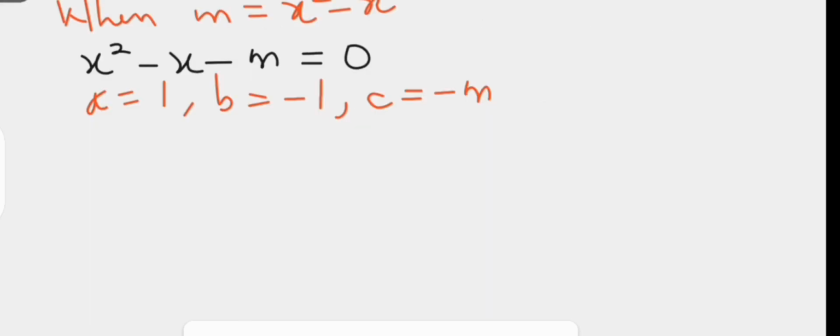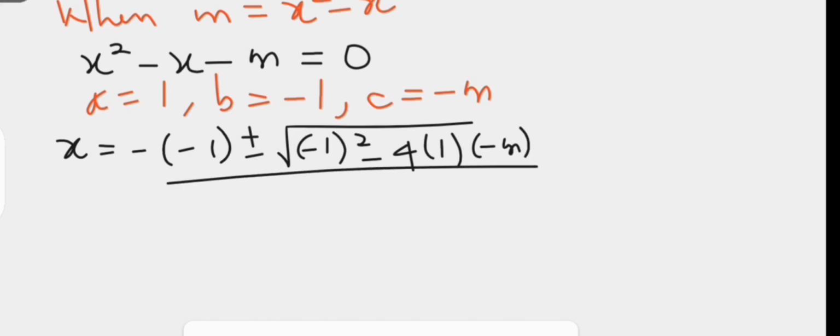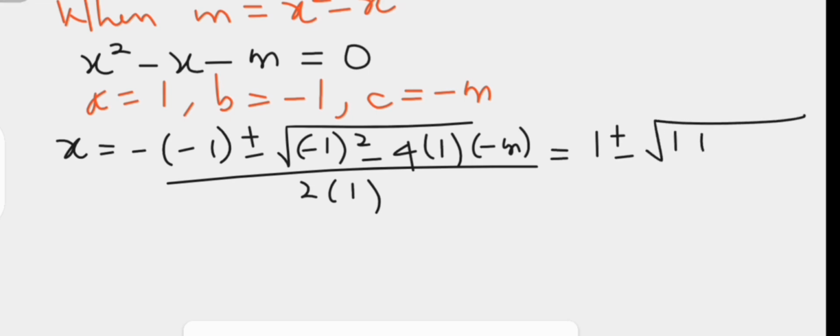Using the quadratic formula, x is going to be minus negative 1 plus or minus the square root of minus 1 squared minus 4 times 1 times minus m, over 2 times 1, which is 1 plus or minus the square root of 1 plus 4m over 2.